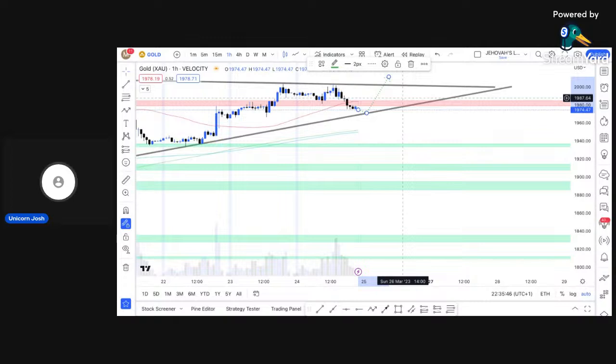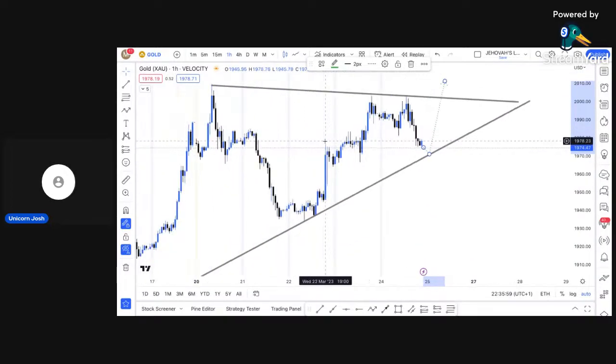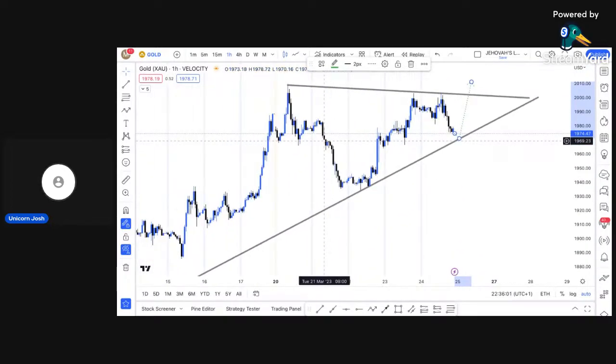But I don't trade based on just feeling. I trade based on the technical analysis of the market, price action, and things like that. So I'm waiting for the prices to print out on the charts before I take a decision on what is going to happen. Okay, I think we actually already have a kind of triple top, more or less, one, two, three. So let's see what happens tomorrow.